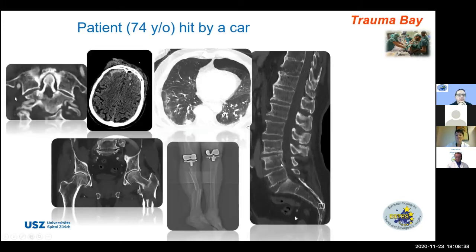So here's the summary of the diagnosis. A CT scan was done. You can see there's a non-displaced fracture of the C-spine, a subtrochanteric fracture on the left-hand side, and some bleeding here in the frontal part of the cortex.